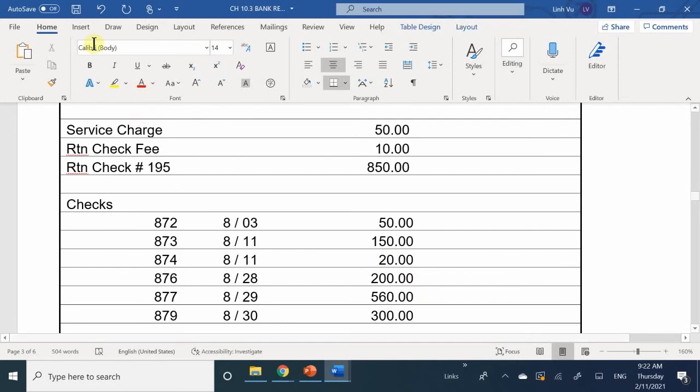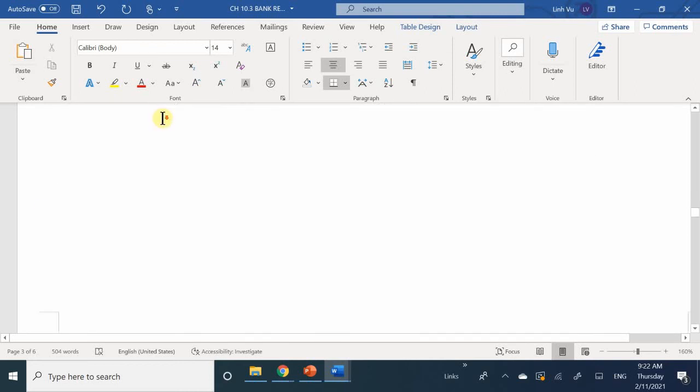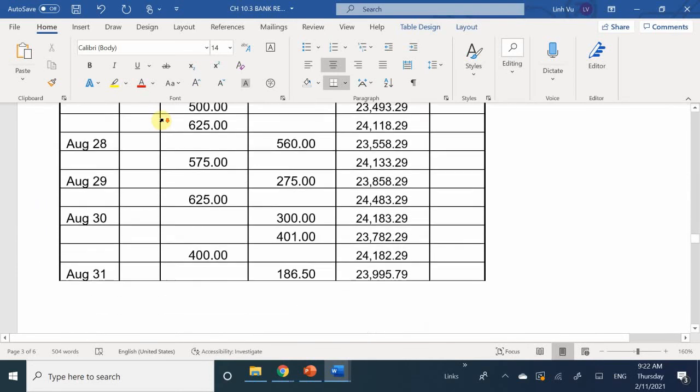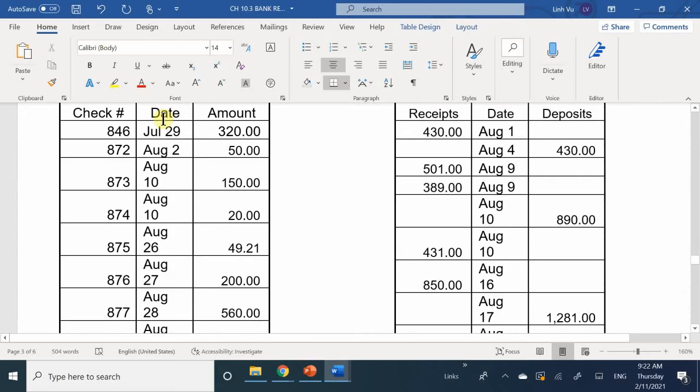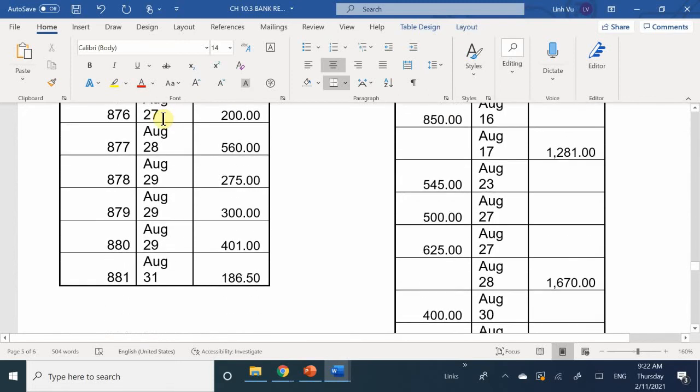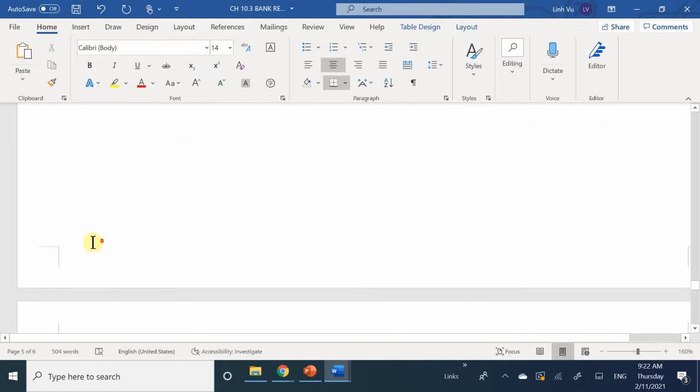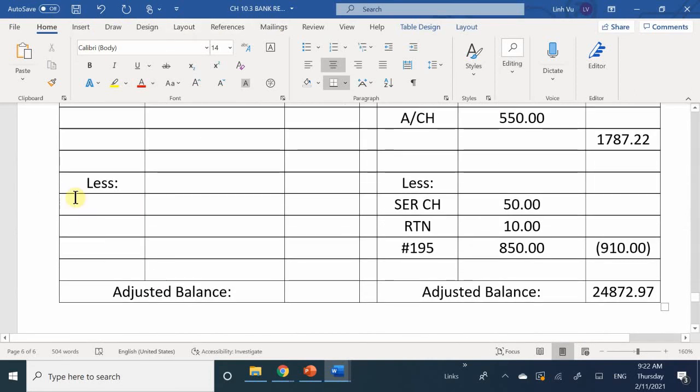What else shouldn't have cleared? So we have 875, 878, okay, 880, and what else? 881. So let's go ahead and add that information down below. So we have a total of 5 checks.